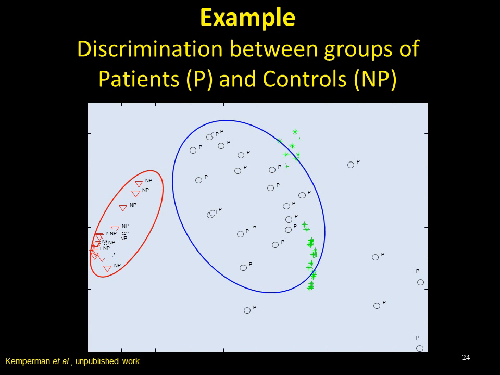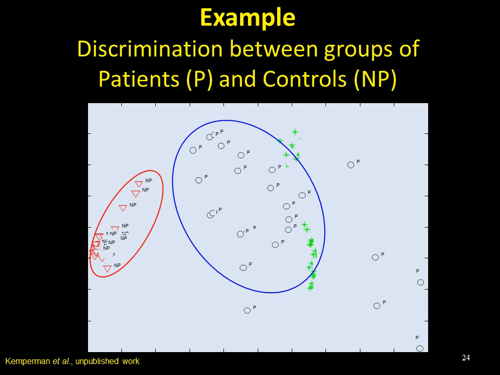As you can see here in unpublished work from our group, there's an example between patients and control groups. No matter the analytical and statistical method, you can see that the NP, that means the controls in this case, and the patients P cluster into different areas of data space, and this means they can be discriminated by different molecules or patterns of molecules.